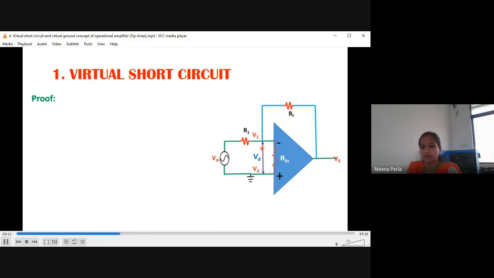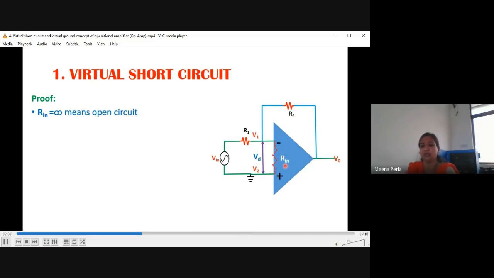The voltage at the inverting terminal is V1 and at the non-inverting terminal is V2. In the characteristics we have seen the ideal operational amplifier has infinite input resistance. If resistance is infinite, it acts as an open circuit, meaning no current will flow in this resistor.